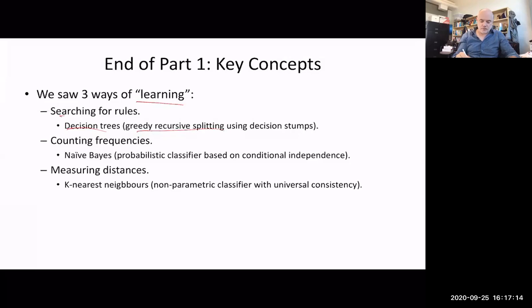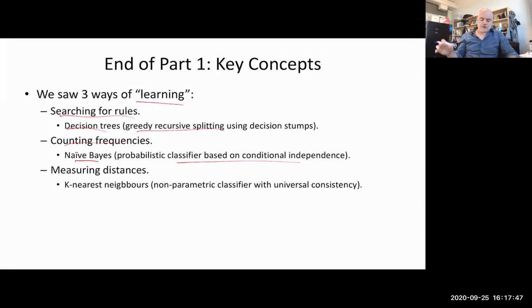So we searched for rules. We did some conditional probability density estimation by counting frequencies to compute empirical probability estimates for naive Bayes, which is a probabilistic classifier based on conditional independence. And we did some discussion about norms and how to measure distances in high-dimensional vector spaces that are application dependent, that you can choose: 2 norm, 1 norm, and so on and so forth.